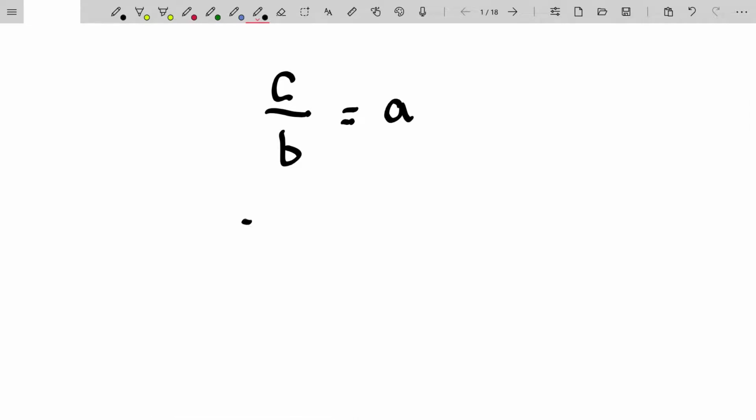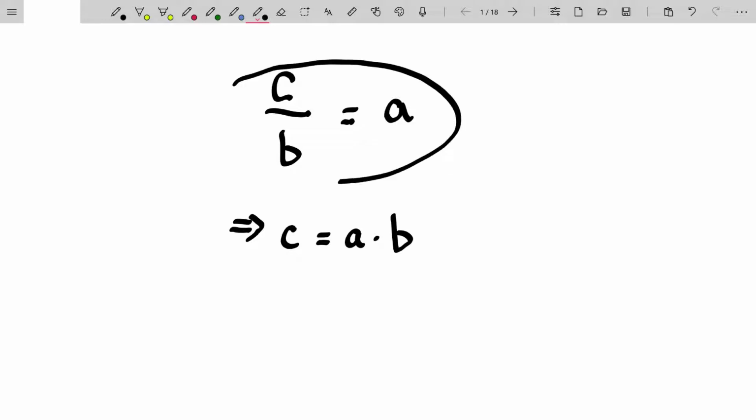C divided by B equals A implies that C would equal A times B. That's really what this notation means. And in fact, that's how division is defined.